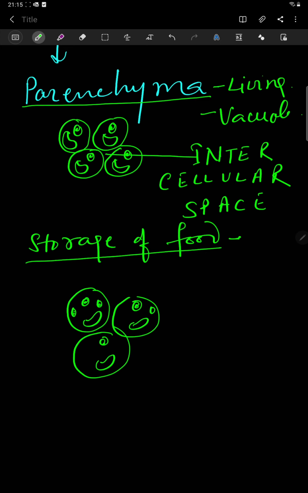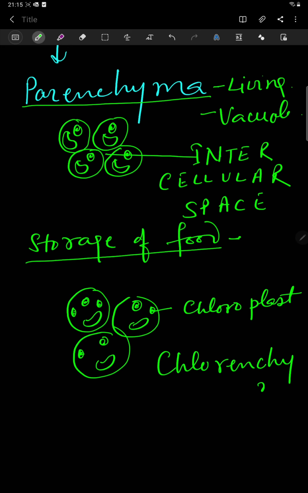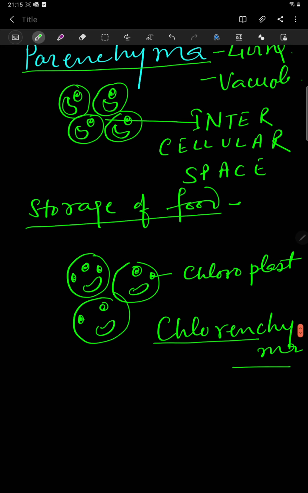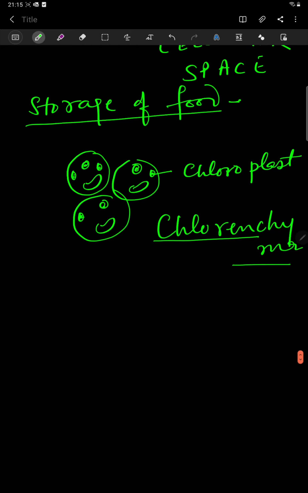Going to make only one, that is chloroplast, inside the parenchymatous cells. Then we use the term chlorenchyma.